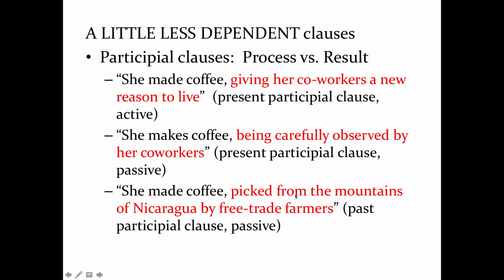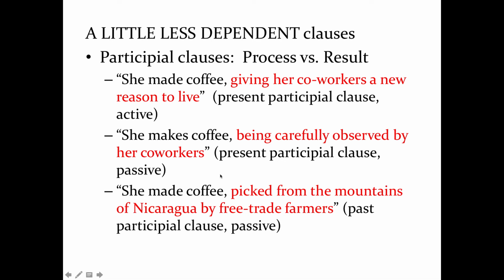She made coffee picked from the mountains of Nicaragua by free trade farmers. So in this case, it's not the subject, it's not she that's being picked from the mountains of Nicaragua. This is called a passive clause, a passive participial clause, or past participial clause, because the subject of this clause, picked from the mountains of Nicaragua, is the object of the active sentence here.